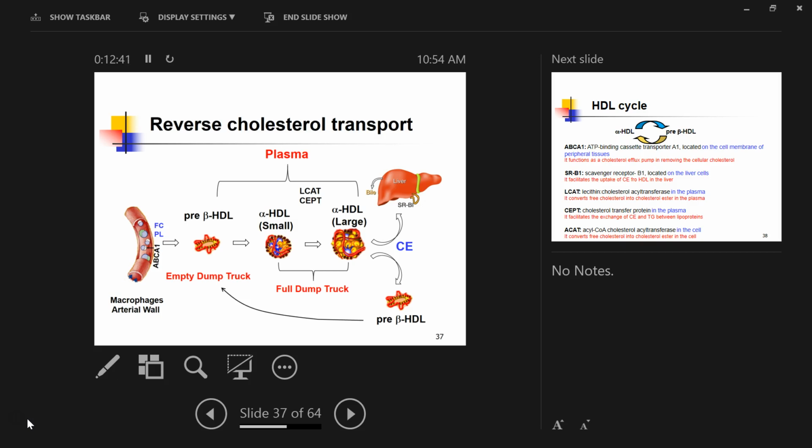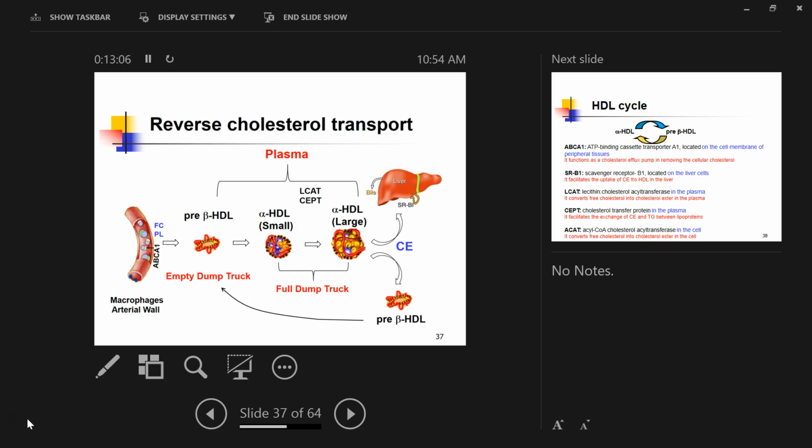So from small to large, depending on how many lipids were loaded. And eventually the alpha HDL carries all the lipids from peripheral tissue, from the artery wall, to the liver, and dumps the cholesterol esters into the liver for disposal.